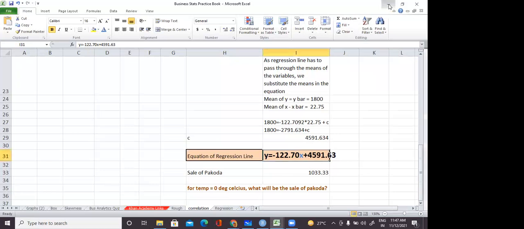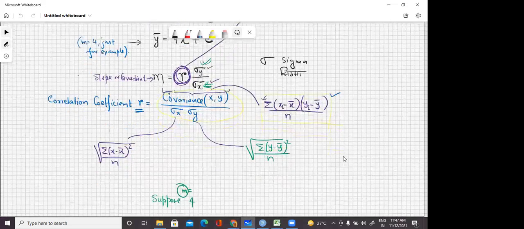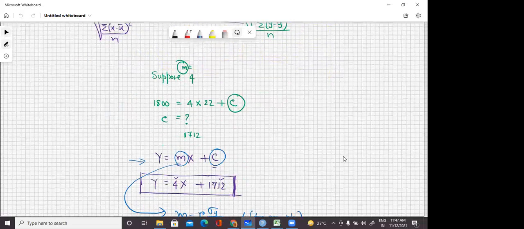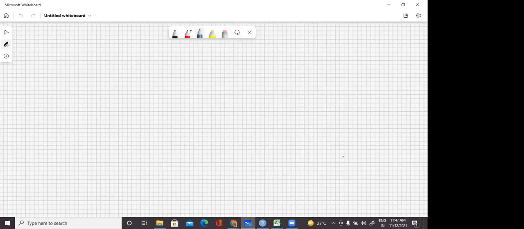How good is the regression line? So first we will see some concepts, then we will come back to the actual calculation. Okay. So now again drawing the data points, just to explain the concept.